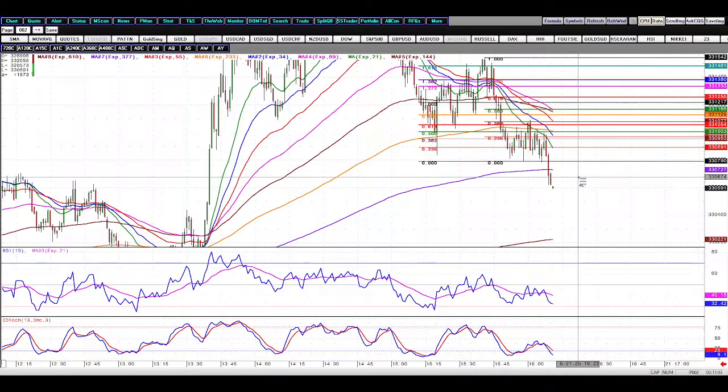Then I'll discuss dollar yen. So I've revised the stop to 11 half, and I let it continue to work on this.